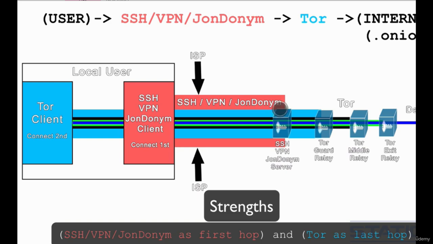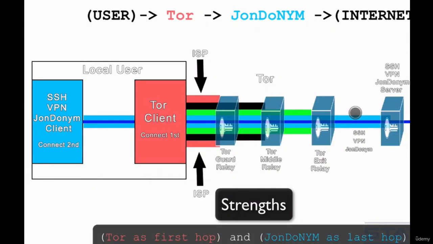There are some other options without a single hop or second hop or last hop. Between them, there are also some other options using an ISP. In this process the user goes to TLS by the use of VPN, SSH, or John Doe, and finally Tor, then internet.onion, with VPN as first hop here and Tor as last hop.